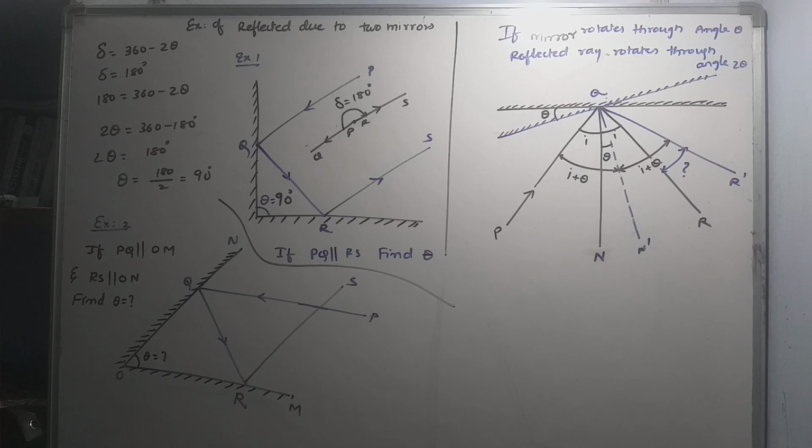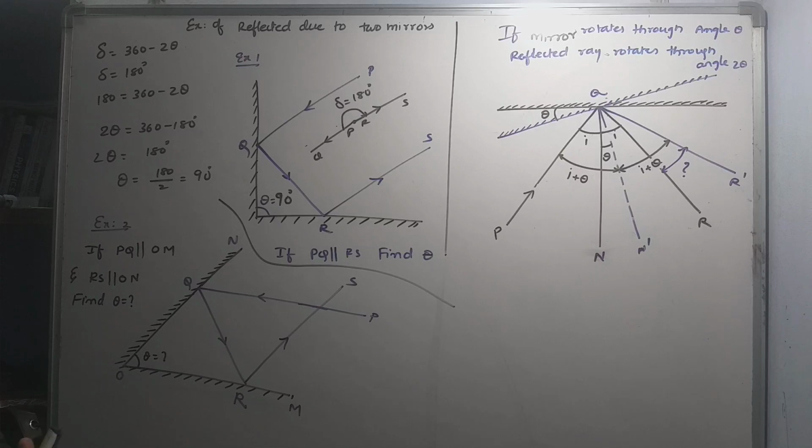The condition given in this problem is that PQ is parallel to OM. This is PQ and it is parallel to OM. Similarly, this is RS, and RS is parallel to the mirror ON. So these two lines are parallel and these two are parallel.